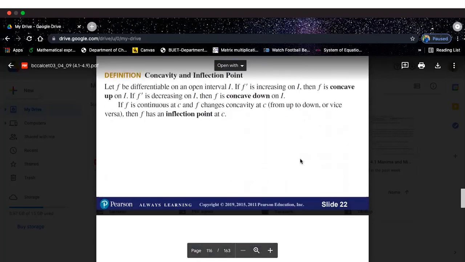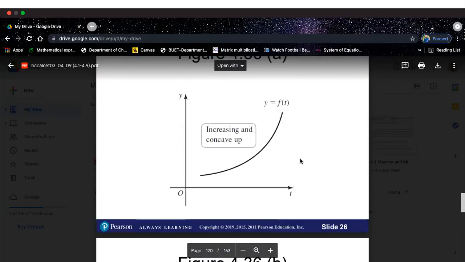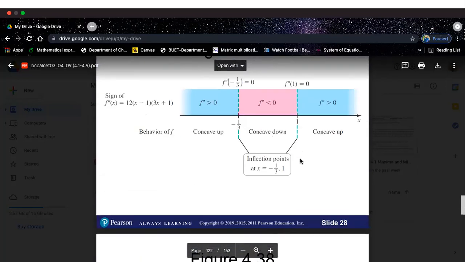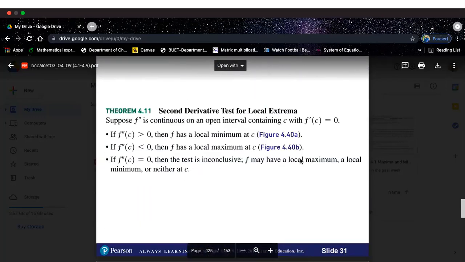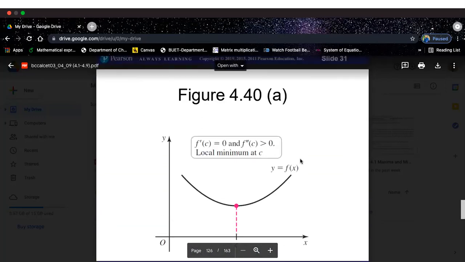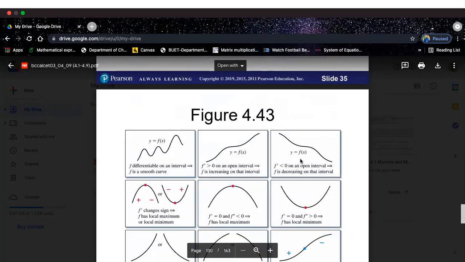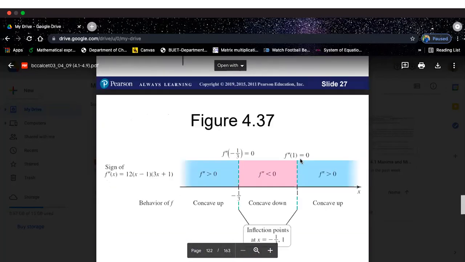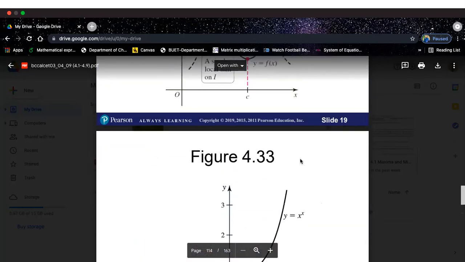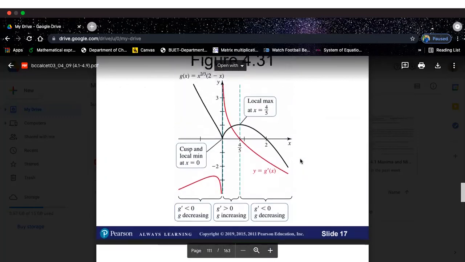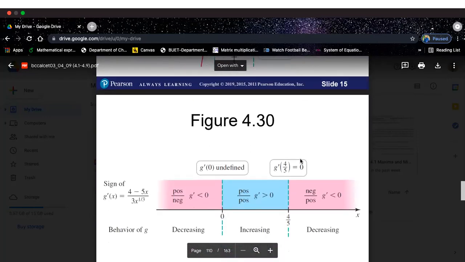Concavity, inflection point, test for concavity. Okay, cool. So we still have lots of things on this slide. That's great. So let's move on then. We'll try to find a small time in between to practice one or two problems.